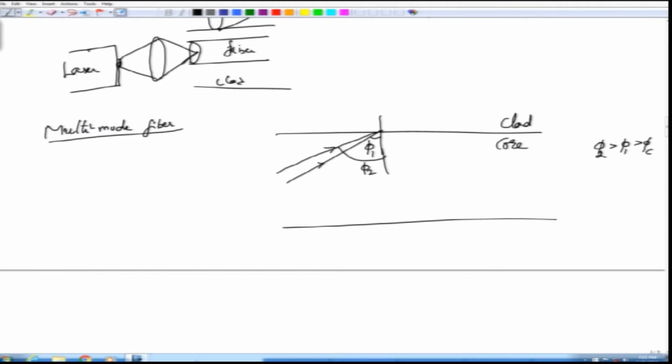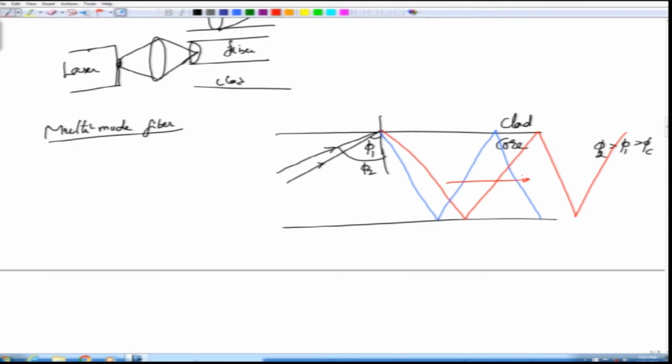Therefore, both rays should get reflected. So this gets reflected here, the second one also gets reflected. Both are getting reflected at the same angles phi 1 and phi 2. Maybe this figure does not really show you that, and once again they will be reflected and propagated this way. Similarly, this ray would also be reflected again and then propagated, and this is how both modes will be propagating.